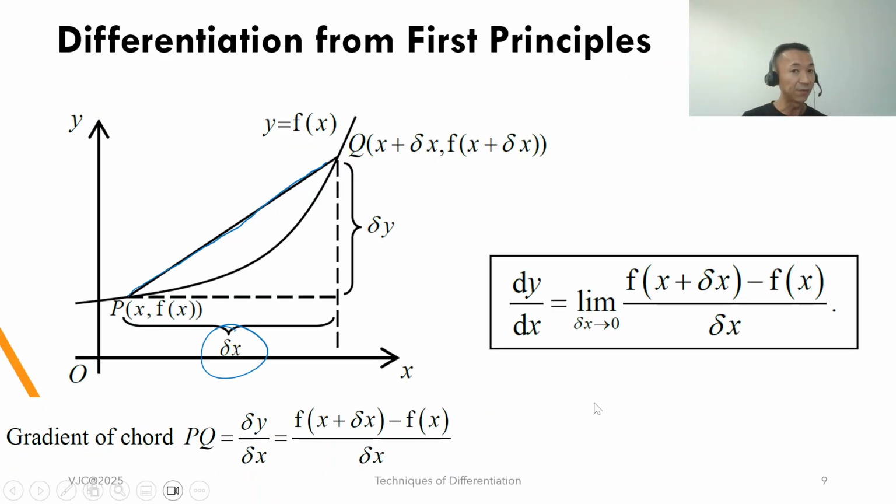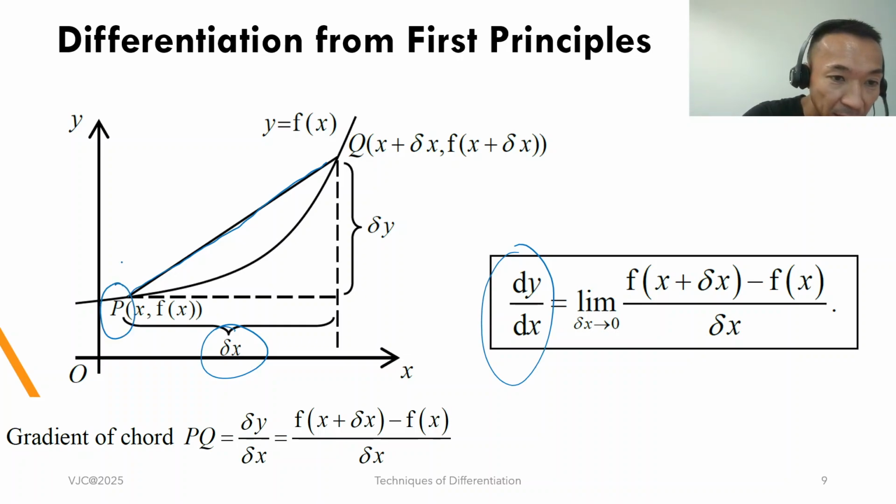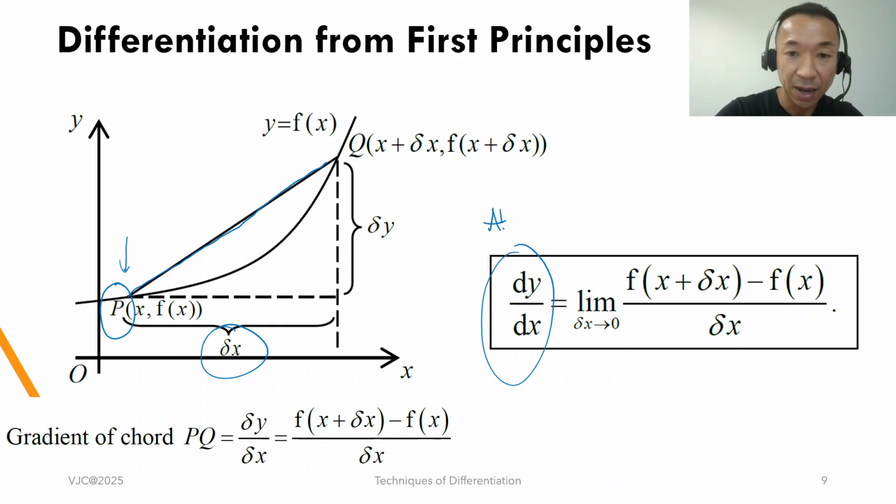Therefore, by definition, to find dy/dx, I just let delta x be as small as possible, and this is hence the gradient of the tangent at that point P. This dy/dx here, this is what dy/dx is at P, of course.